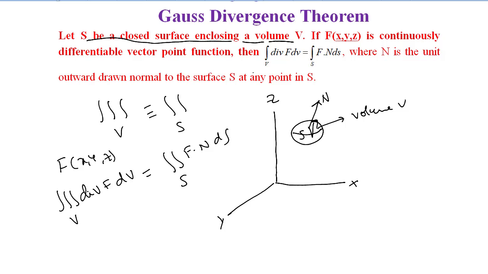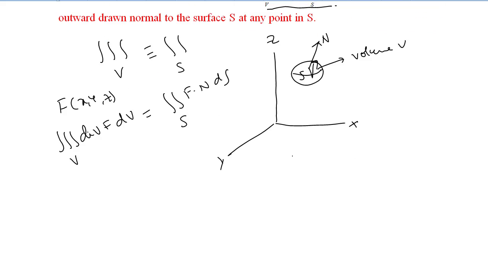Then the triple integral of divergence of F dV equals the double integral of F dot n dS over S, where n is the unit outward normal to the surface S at any point in the surface S. Now this is called Gauss Divergence theorem.